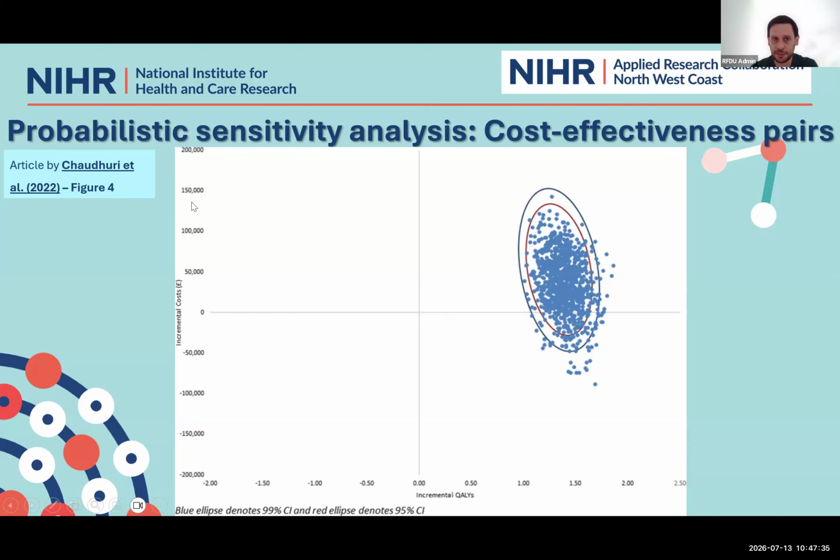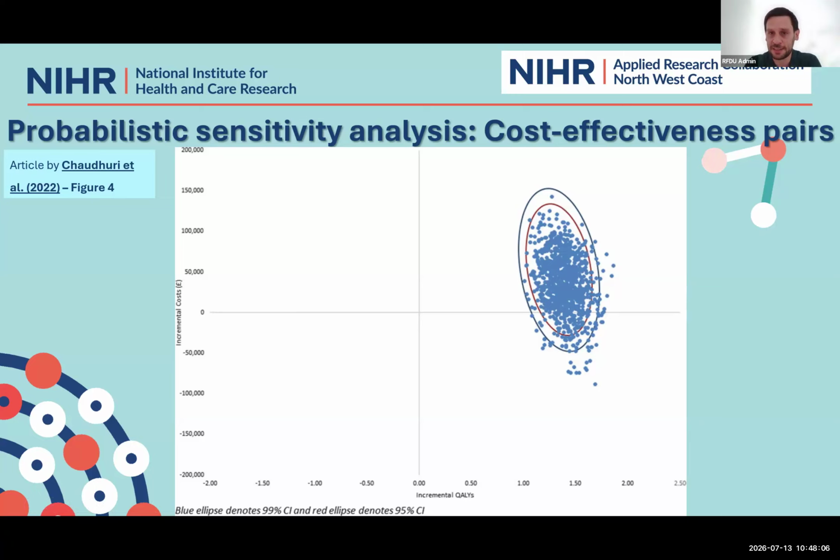So here we are again talking about our advanced Parkinson's disease study. And it seems that even when we replicate this random draw several times and take into account different cost effectiveness pairs, we're still observing the majority of the cost effectiveness pairs lying in the northeast quadrant. So in a way, the sensitivity analysis here is telling us similar things to the base case analysis.